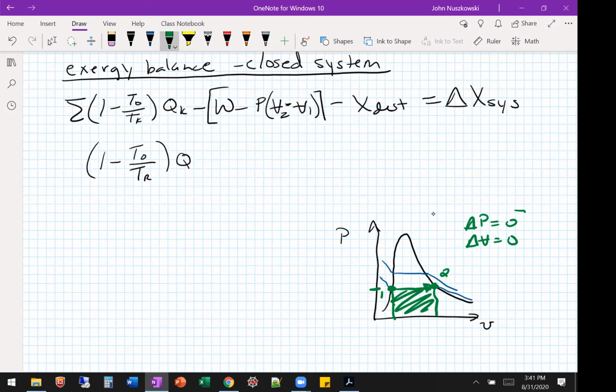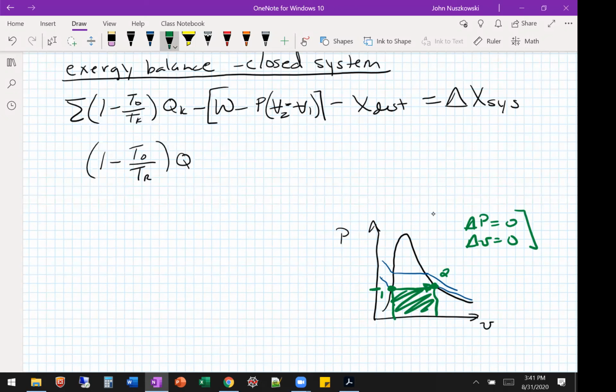If we did specific volume, let's say, those are two independent intensive properties. So if there's no change in either of them, you're at a single point, right? So we're at just state 1 if there's no change in volume and no change in pressure. If volume's constant, pressure has to change. If pressure's constant, specific volume has to change. That's the other key thing of it.